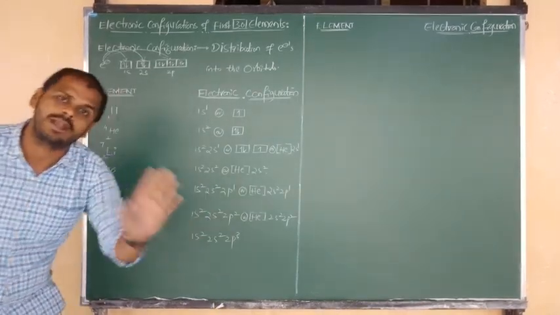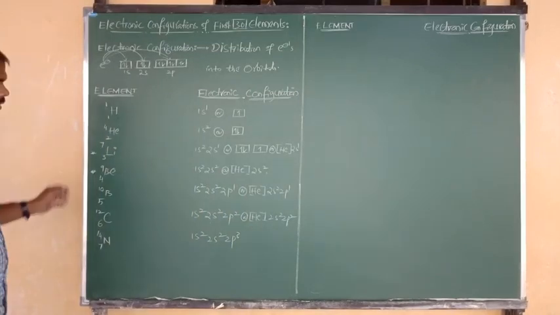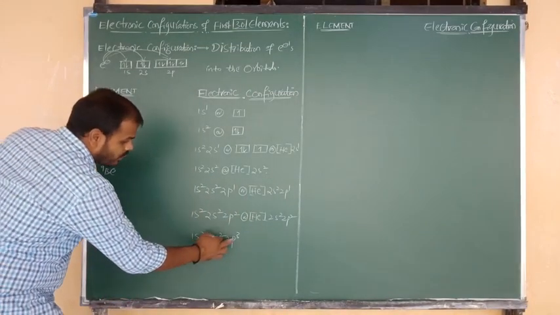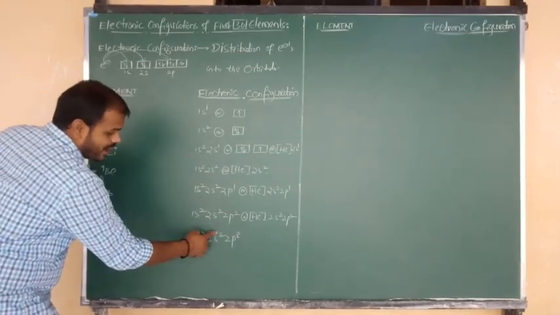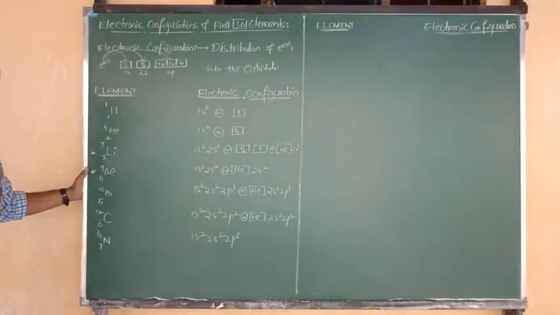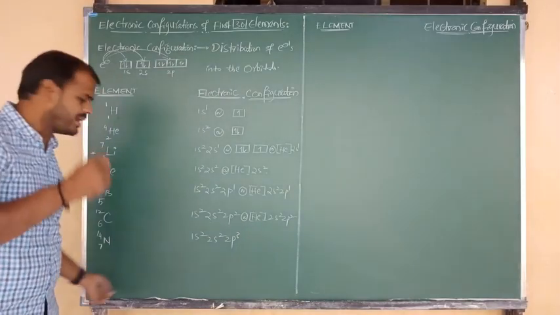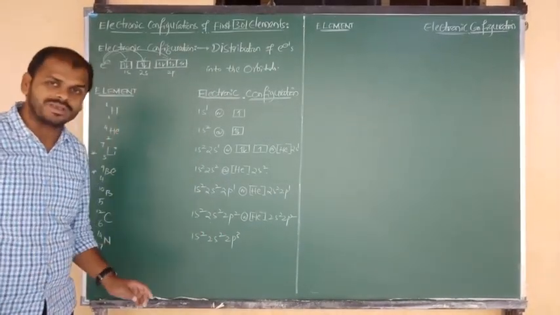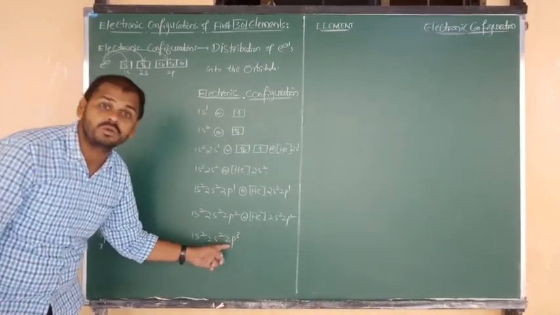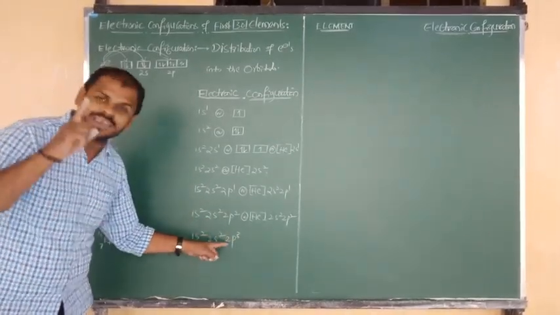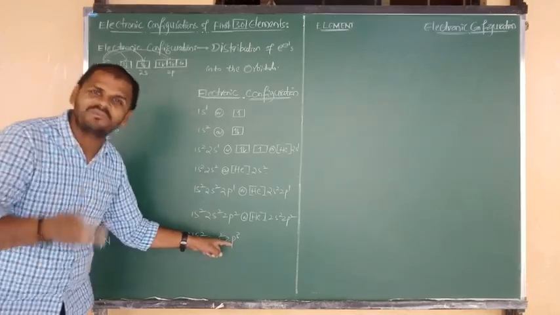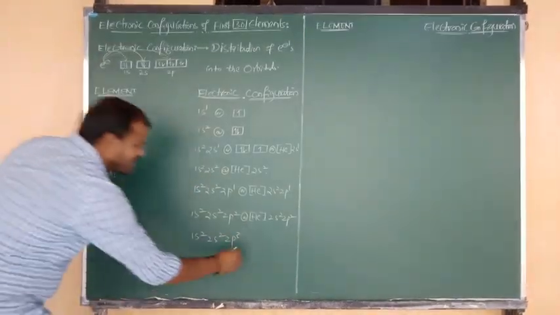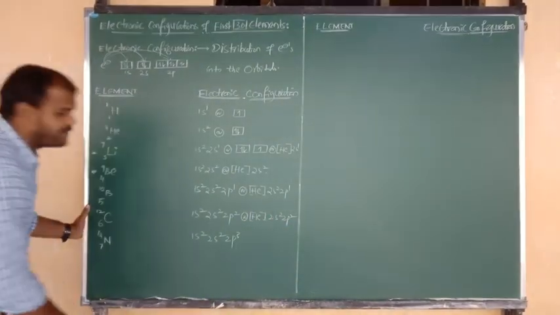So the configuration of nitrogen is 1s2, 2s2, 2p3, 3 plus 2, 5, 5 plus 2, 7. Nitrogen contains 7 electrons: 2 in the 1s orbital, 2 in the 2s orbital, and 3 in the 2p orbital. Means 2px contains 1, 2py contains 1, 2pz contains 1. Clear? And also shortly helium 2s2, 2p3.